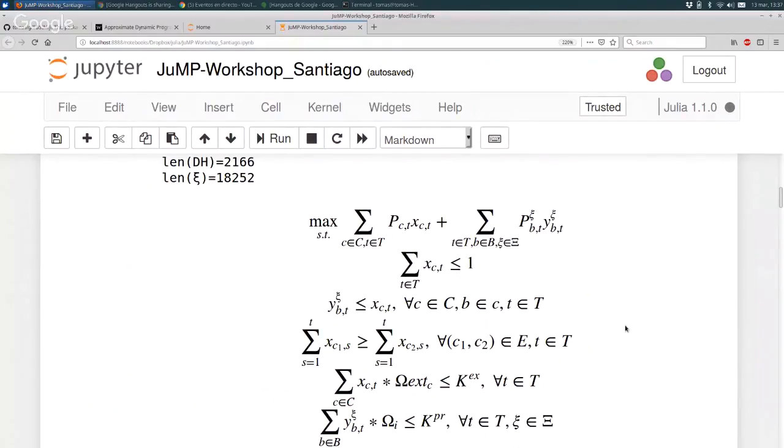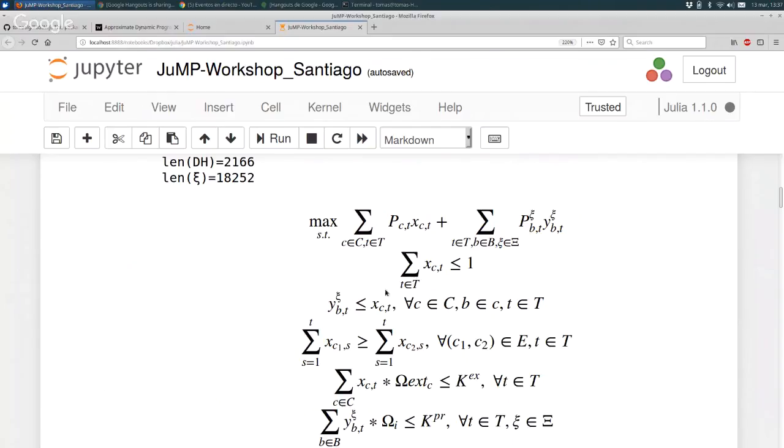Well, so you have first-stage decision variables here, the x, and second-stage decision variables, the y. The x are binary. The x decide which clusters of blocks you're extracting. So you have a first-stage decision of which of the clusters of blocks you're going to extract. And on the second stage, we take a processing decision.